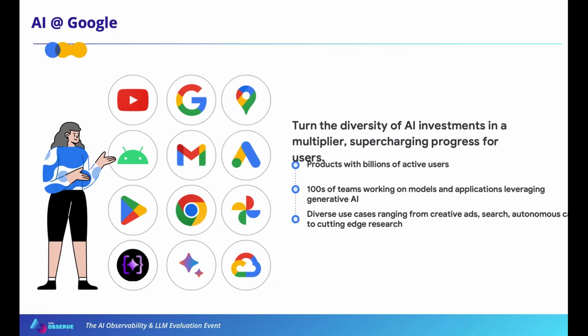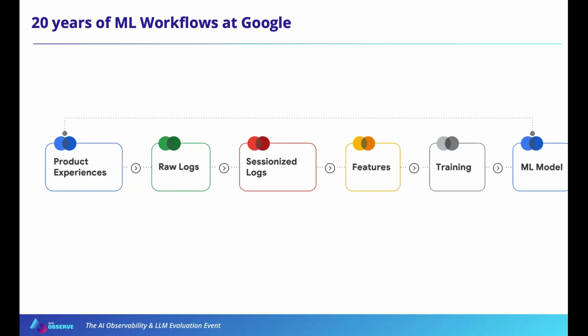All of them can adapt Gen AI use cases into their product experience, like the YouTube creator economy, for example, or Photos delivering more intelligent results. There are hundreds of teams that work on adapting these Gemini foundation models for their product use cases. And for the rest of the talk, I'm going to give an overview of what that development lifecycle looks like and what some of the challenges are that we see.